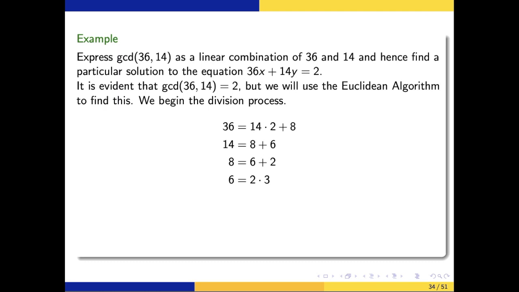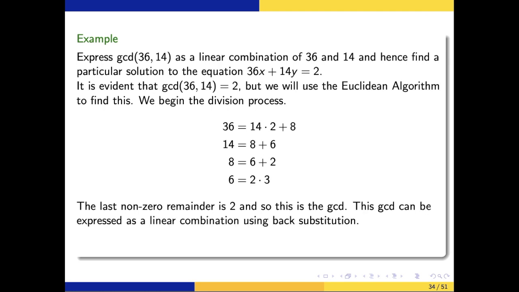And finally, we divide 6 by 2 and get a quotient of 3 and a remainder of 0. 6 equals 2 times 3. So now studying these equations, we see that the last non-zero remainder is 2. And by the discussion that just occurred, it means that 2 is the GCD of 36 and 14.